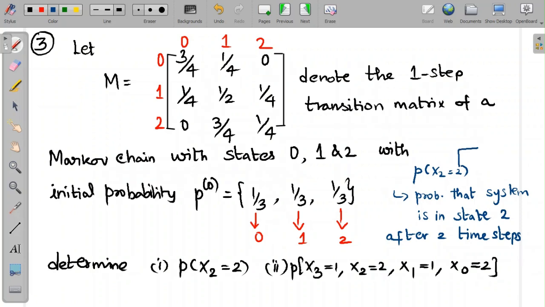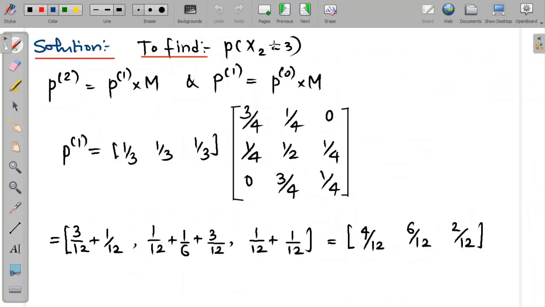The number on the right is the state that we are in, and the number in the subscript is the number of time steps. So the first problem wants us to determine the probability that the system has reached state 2 after two time steps. And to calculate that, we will use the Chapman Kolmogorov equations.